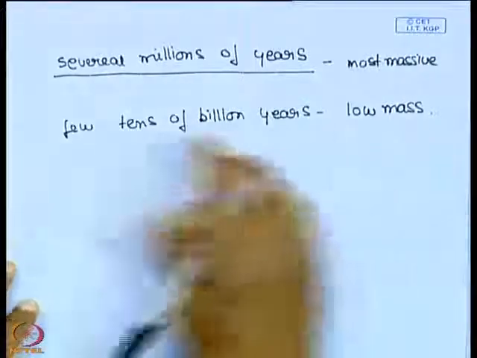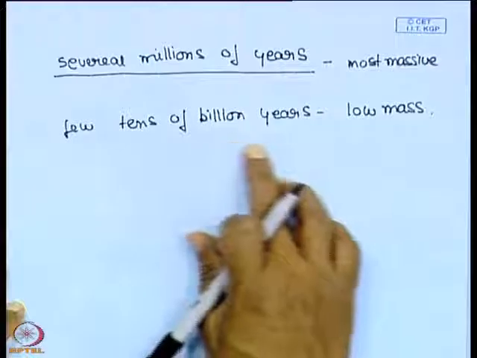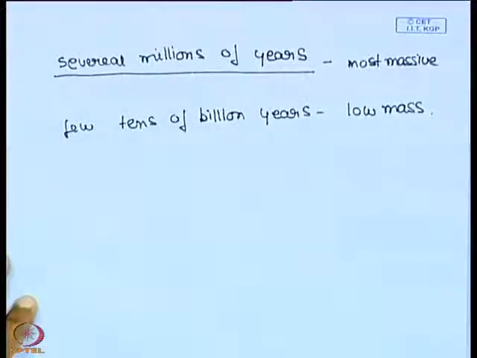And the lives vary from several million years to a few tens of billion years. They remain on the main sequence steadily in a steady state. Okay. And they burn hydrogen, it is a stable configuration. That is the configuration for which we wrote down the equations several classes ago, the stable hydrogen burning configuration.